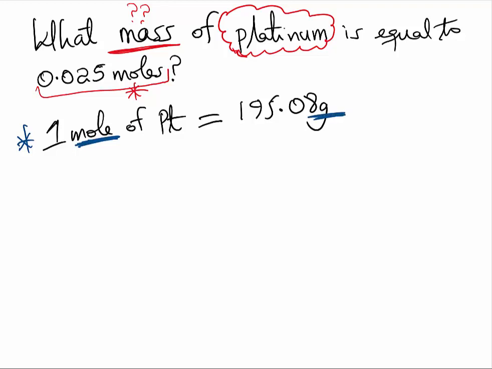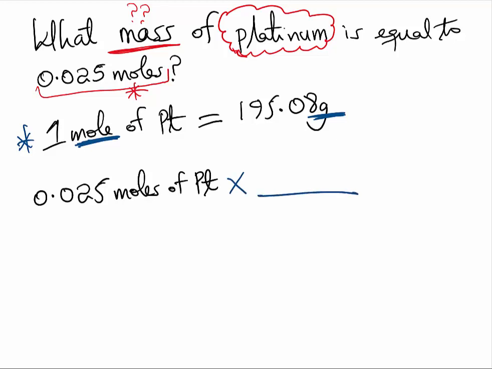So we have a direct relationship between what we want and what we know. We can make use of that relationship as a conversion factor. So if you have 0.025 moles of platinum, all you need to do is multiply by the relationship between the two.